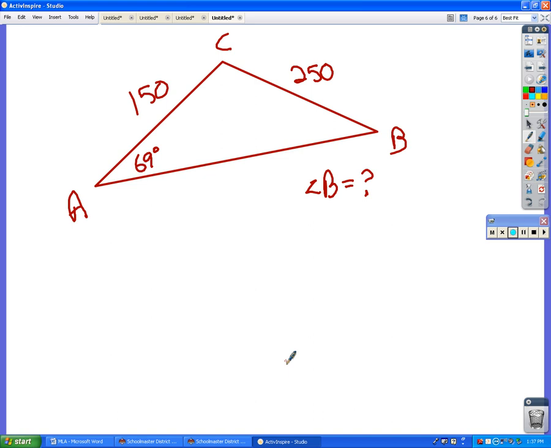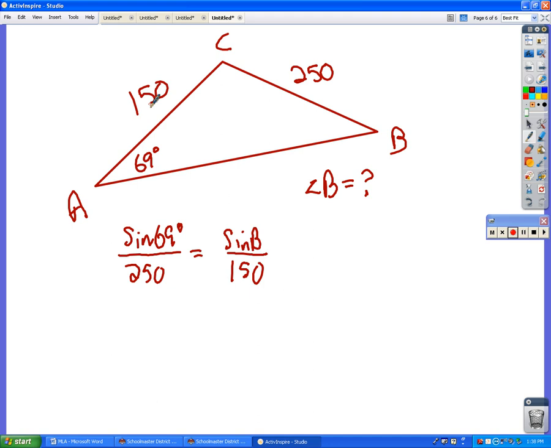Give me a proportion that I can use that involves all of those things. Sine of 69 divided by 250, because that's the side opposite the 69 degree angle, equals sine of B over 150. Excellent. So sine of this angle divided by the side opposite it is going to equal the sine of this angle divided by the side opposite that.